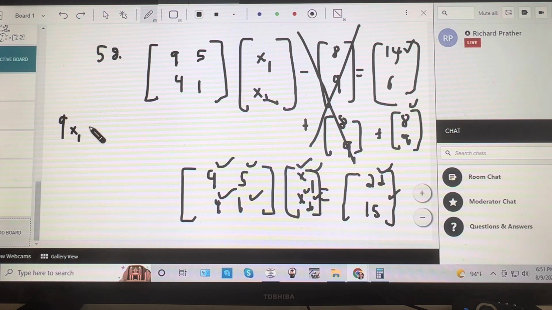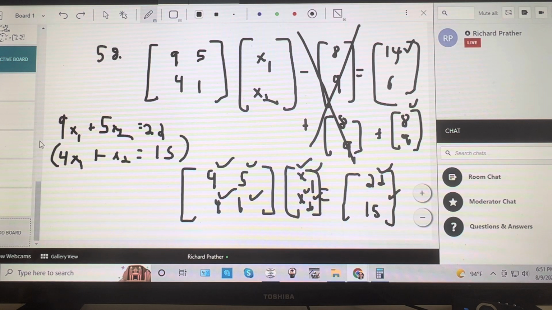9x1 plus 5x2, that would equal 22. And 4x1 plus 1x2, that would equal 15. And you could easily multiply this by negative 5.